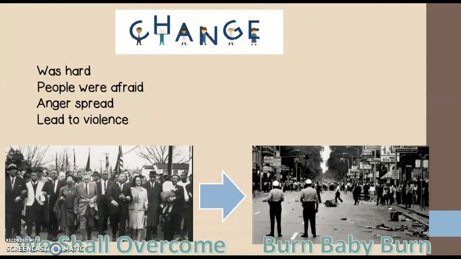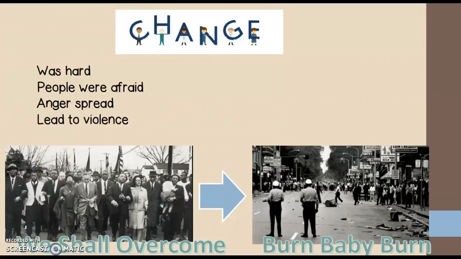So all these changes happening in these cities were very hard. Many people were afraid to leave their homes because they didn't understand what was happening out in the streets of these cities. Anger started to spread between all of the groups, and more division came between blacks and whites and Latinos.